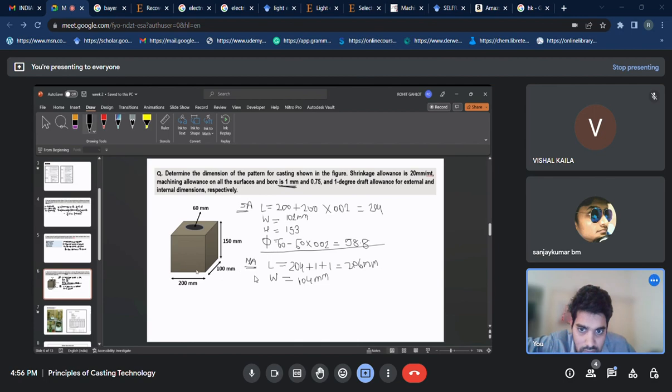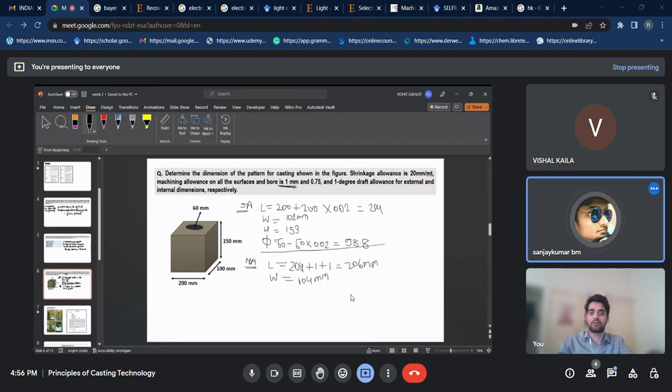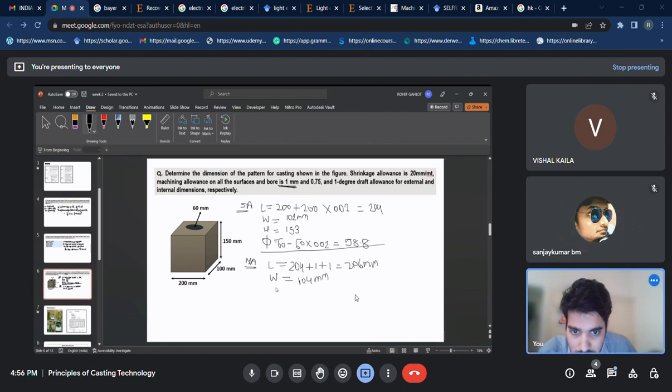If you see this part, the 200 part, this one, and then the top one, these two are the 200 mm. So you will machine these two things, right? Yes. So the machining allowance for each side is 1 mm. This one is 1 mm, this one is 1 mm, so you add 2. Similarly for 150, these two sides. Oh yeah, got it. Okay, I got it.